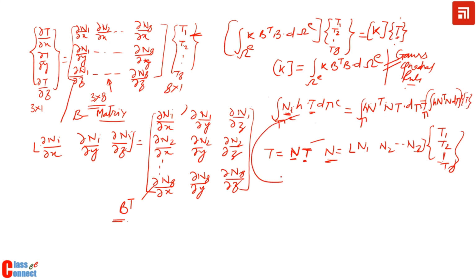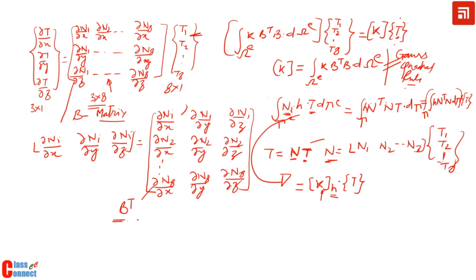So coming here, I can write this as equal to K_h T, where this is again the thermal stiffness matrix due to the convective term. So I represent this with K_h. Now let us write down the other terms.